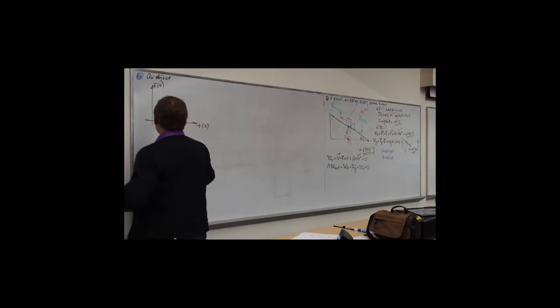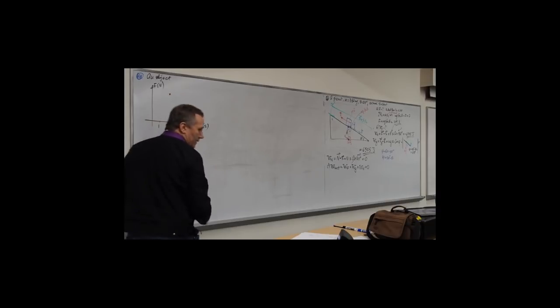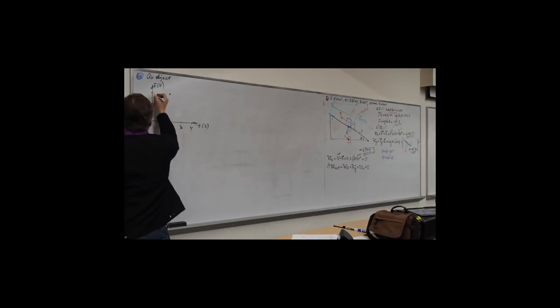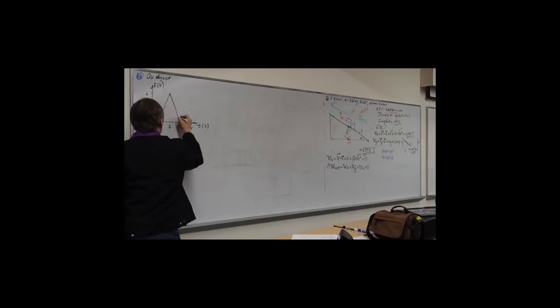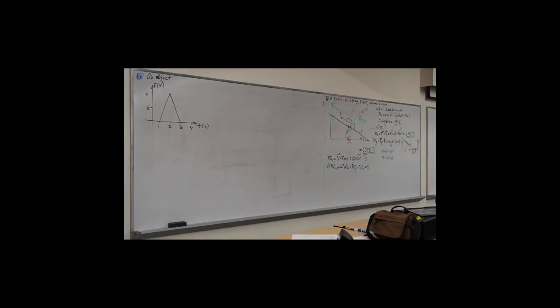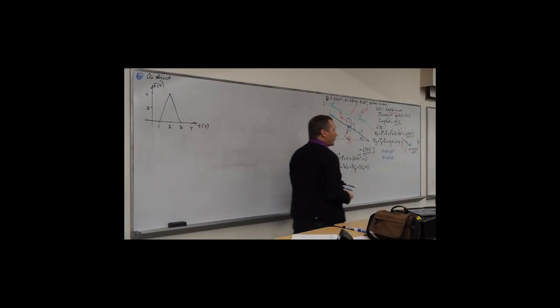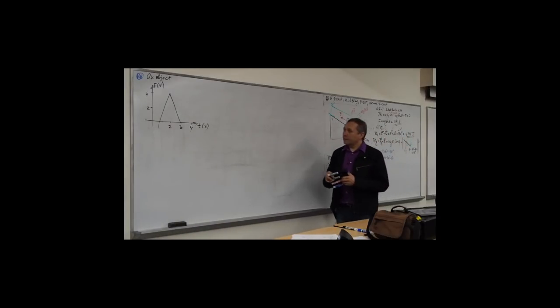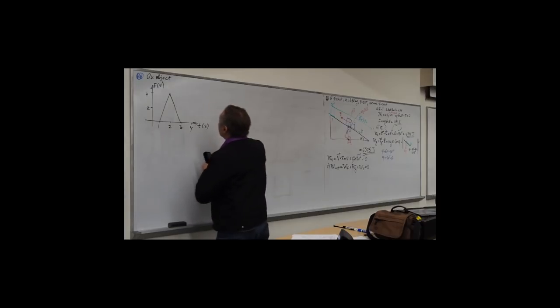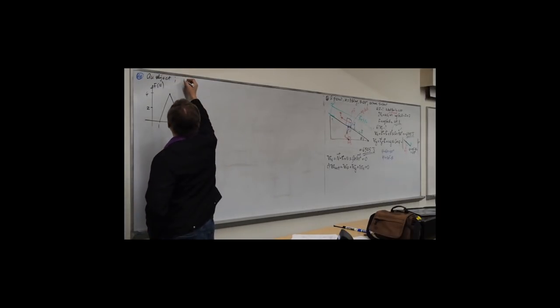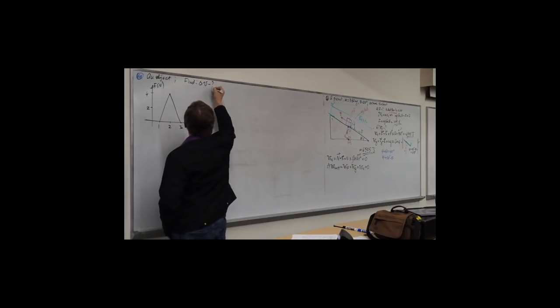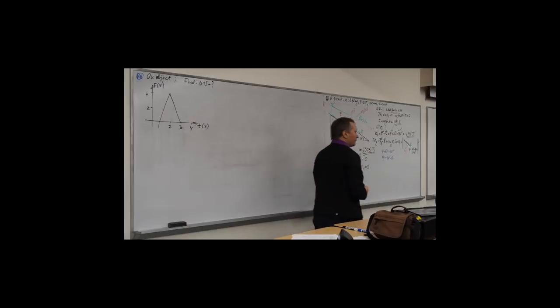So this point is 1, 2, 3, 4. This point is 4. This point is 2. And let's say this is our curve. That's how force changes with time. And so we need to find the change in the velocity, delta v.